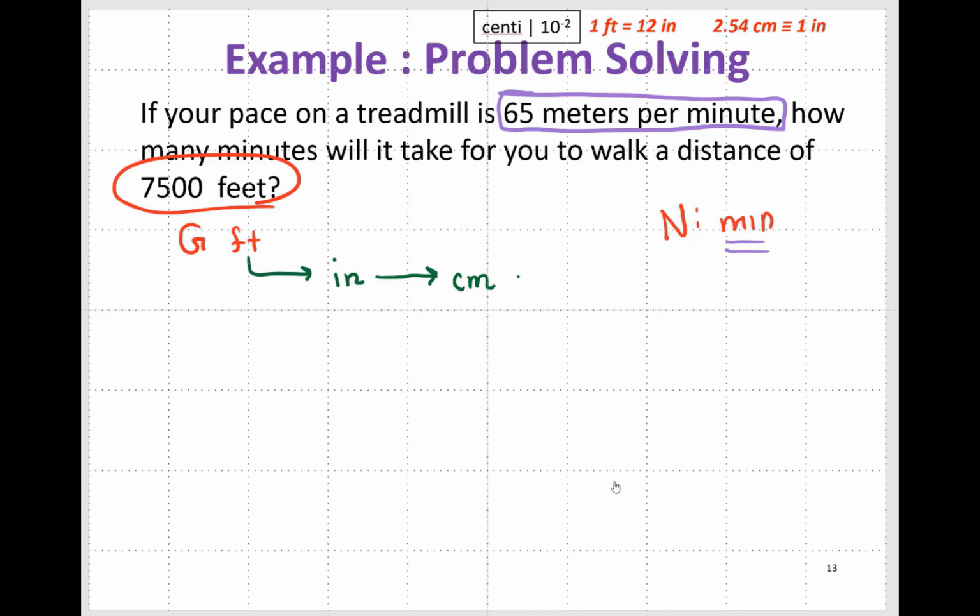And then centi is just a prefix definition, and I can go from centimeters to meters. So this is a 1, 2, 3, 4 step problem. And we're going to start with our given, 7,500 feet.